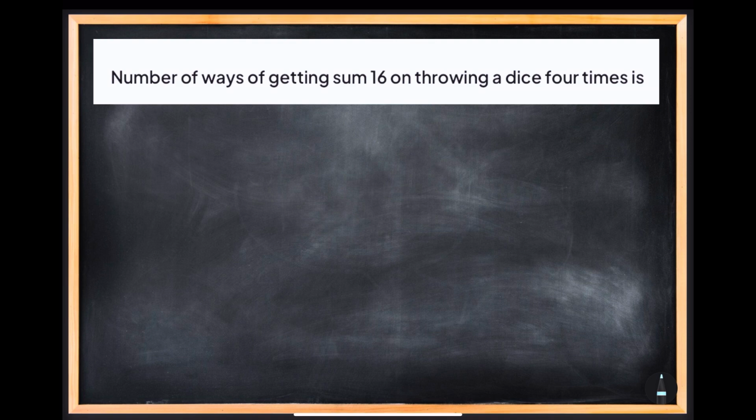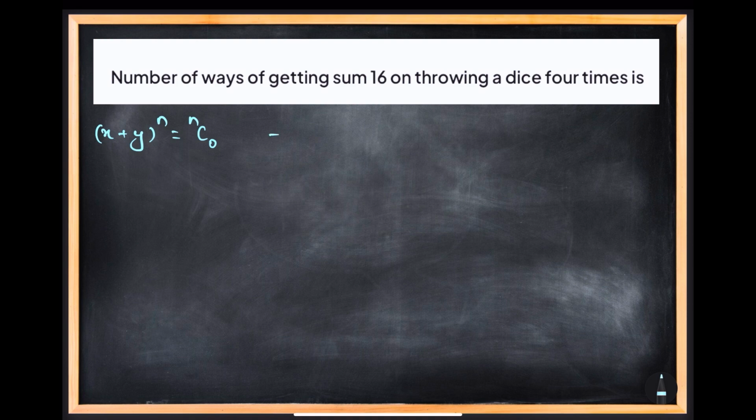We will take help of the binomial theorem and multinomial theorem for this question. First, try to understand the basics of the binomial theorem. Suppose that I wish to expand (x plus y) power n. You can write this as nC0.